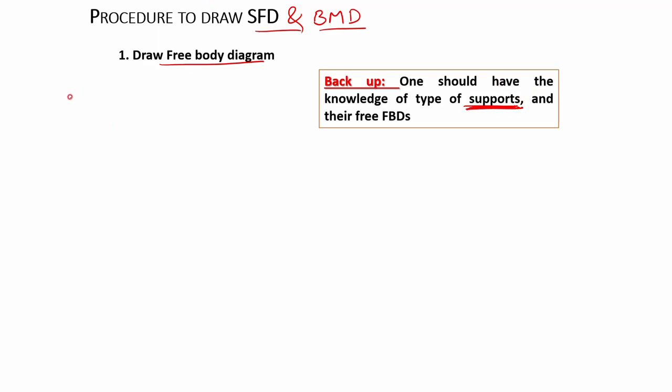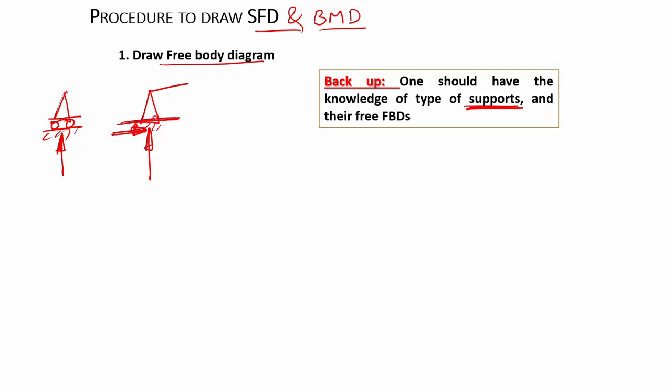Here we usually use three types of support. One is the roller support, which has one reaction, perpendicular to the surface. Then the hinge support has two reactions, one perpendicular to the surface and another parallel to the surface.